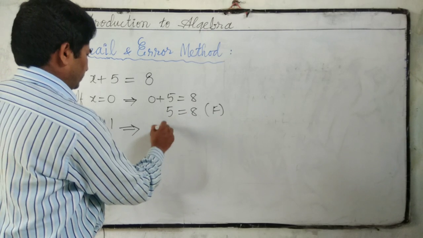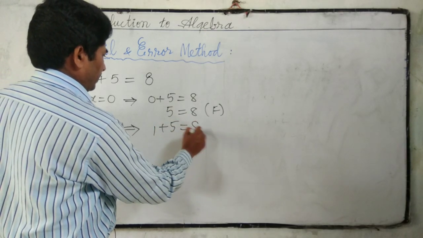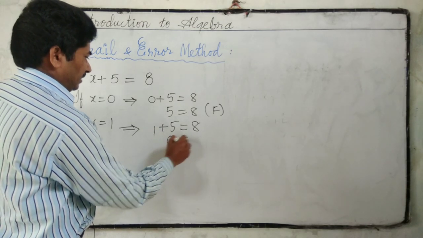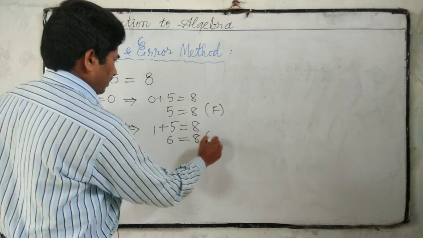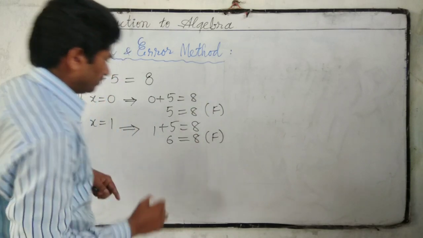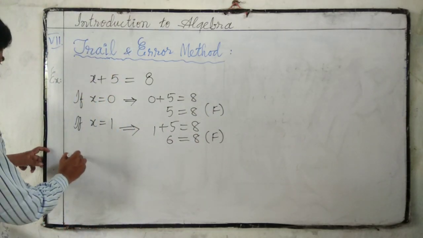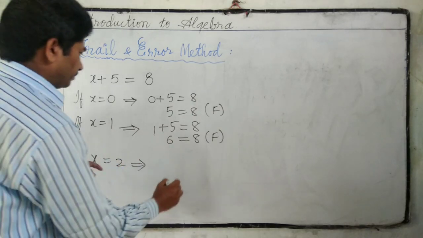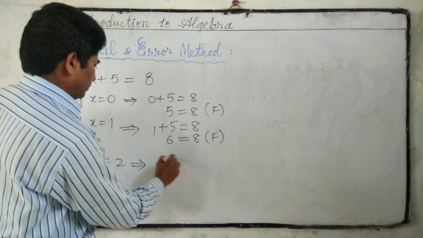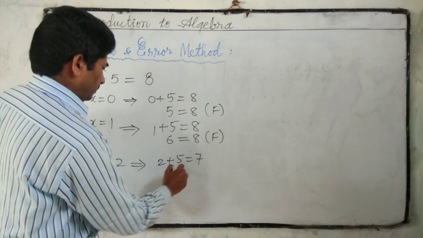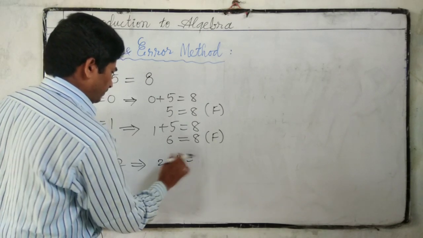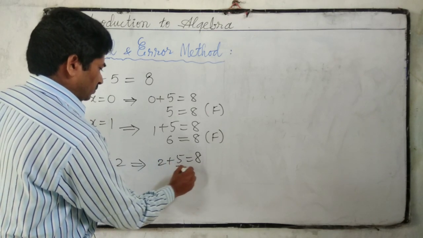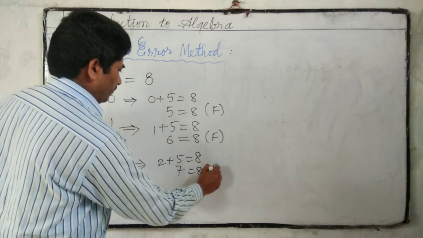Then 1 plus 5 is equal to 8. 6 is equal to 8. This is false. Next, if x is equal to 2, then 2 plus 5 is equal to 8. 7 is equal to 8. It is also false.